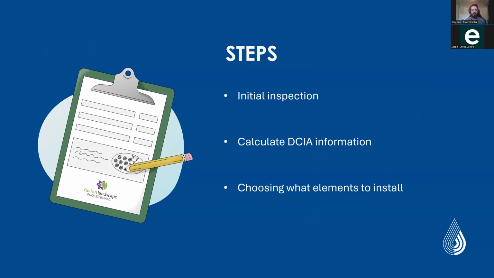Once you've gathered some information on where the water is flowing on your property, we would calculate all the DCIA information, so your driveway and the different portions of your roof. Then you'd be choosing what elements to install for each of those DCIAs. Or you can pick and choose, if there's one specifically that has more of a need to be dealt with, you can look at that one specifically. You can do all of them. You can do one. It's completely up to you.